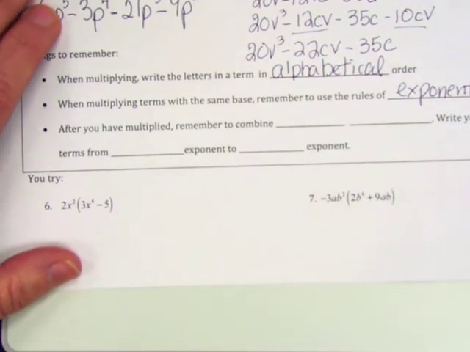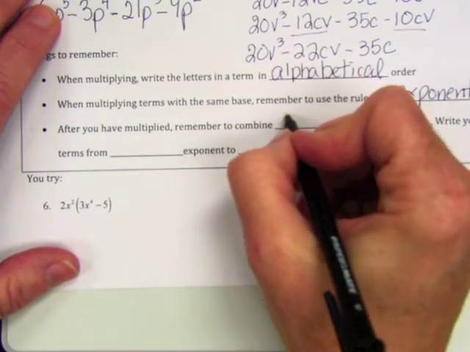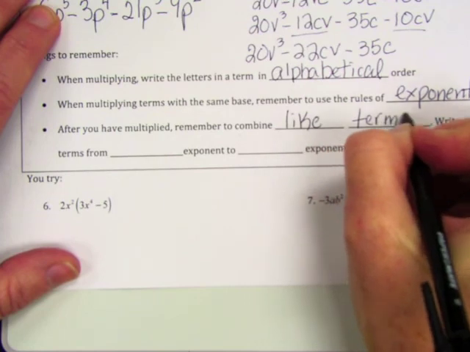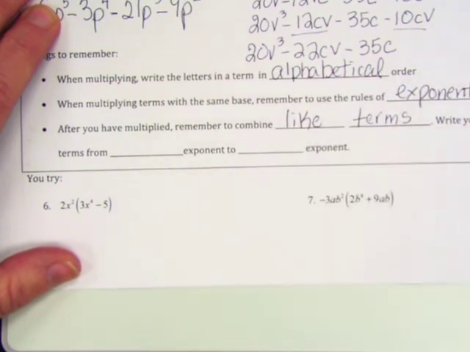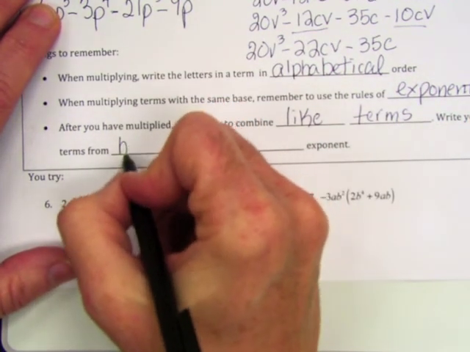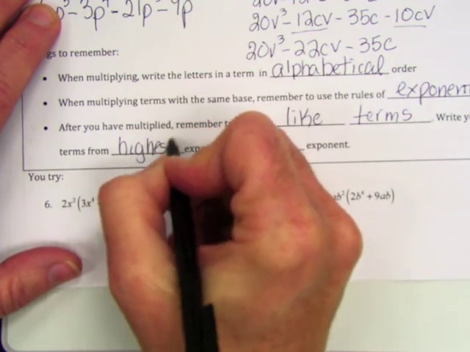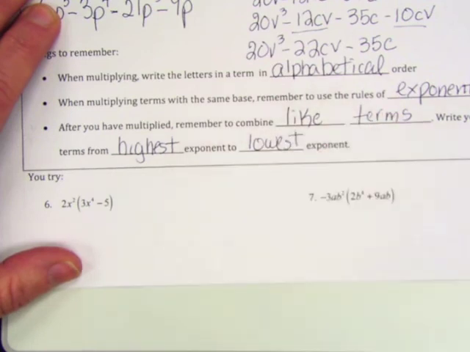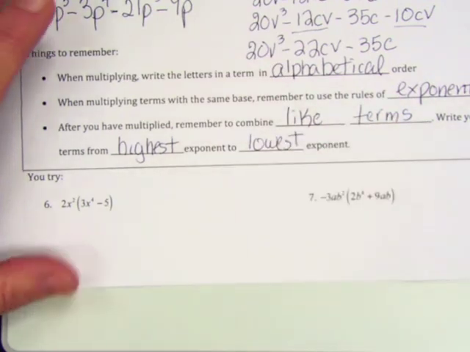After you have multiplied, remember to combine like terms and write your terms from highest exponent to lowest exponent in your final answer.